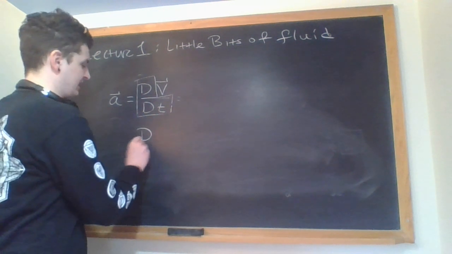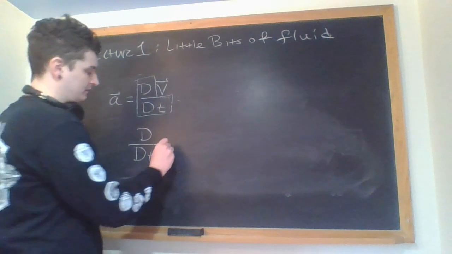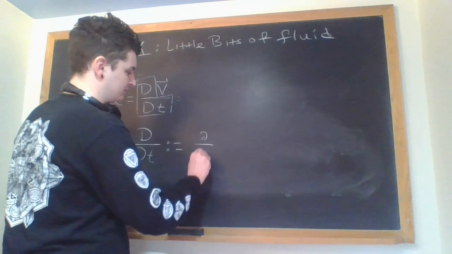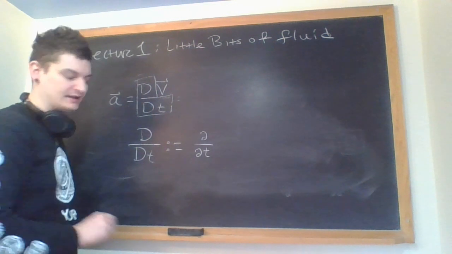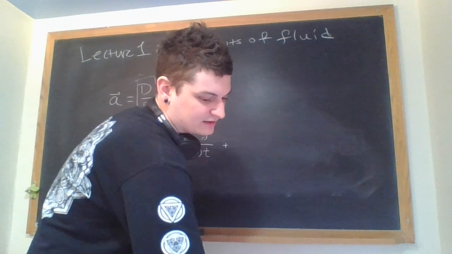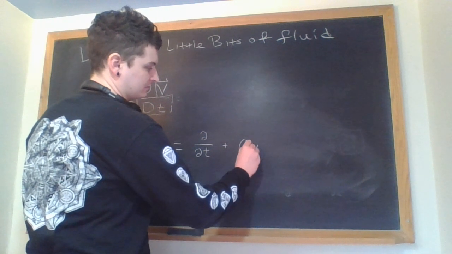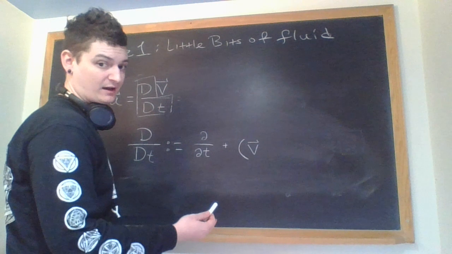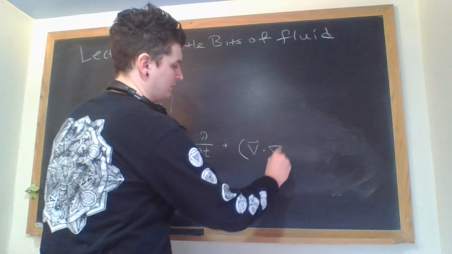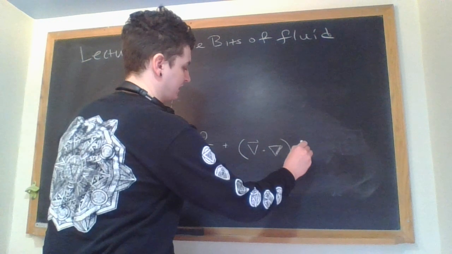So now we define this operator as a time derivative on a thing, and on top of that, the vector field itself, plus the nabla operator, and then it will take an argument.